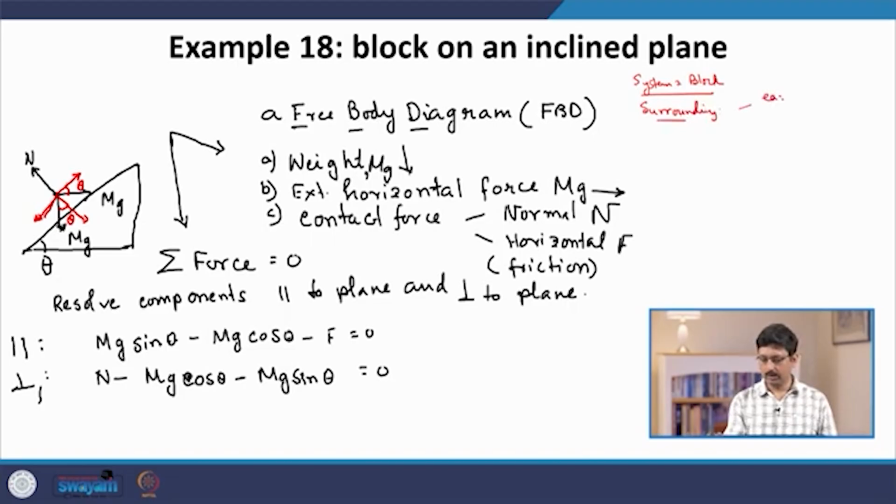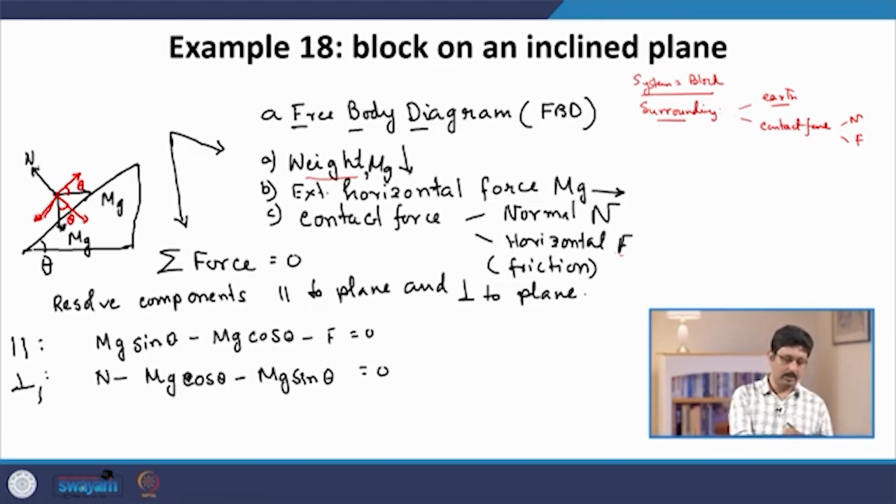One is the earth, exerting the weight mg, which is downwards. The second is the contact force, which has two components, N and F. I am going to use capital F as the notation for friction, as shown in this figure.